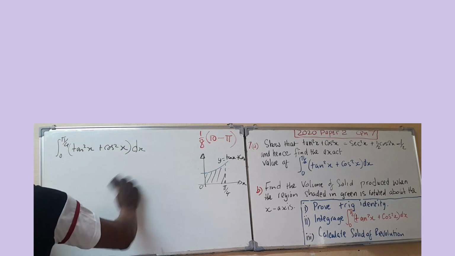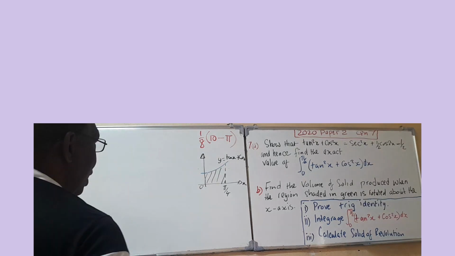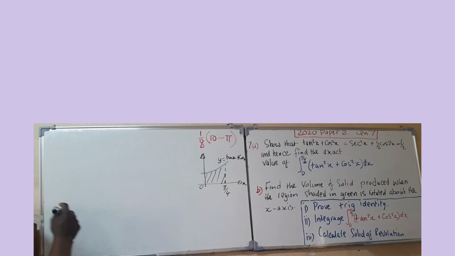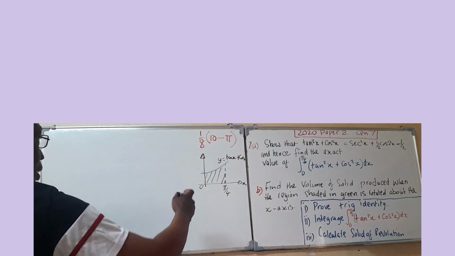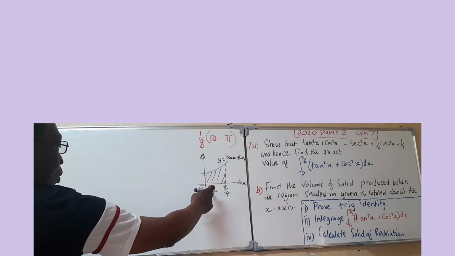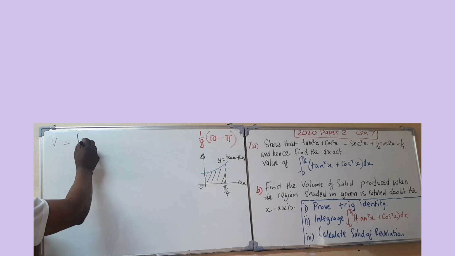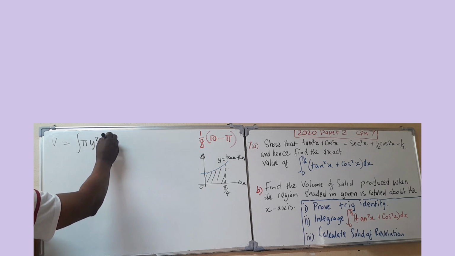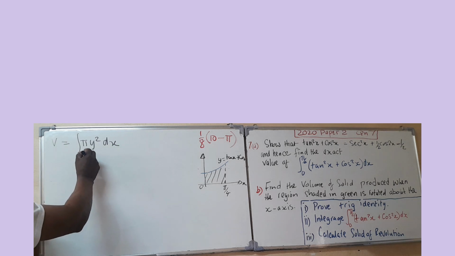It's just a nice and neat formula. So when you have your graph there, y is equal to f of x, the solid of revolution produced when this is rotated about the x-axis from x is equal to a up to x is equal to b, is given by the volume is equal to the integral of pi multiplied by y squared with respect to x, from a to b.